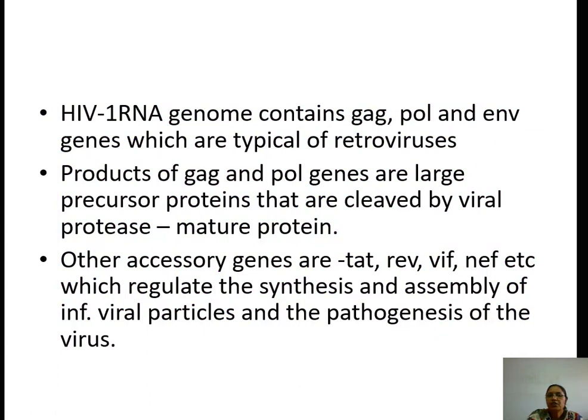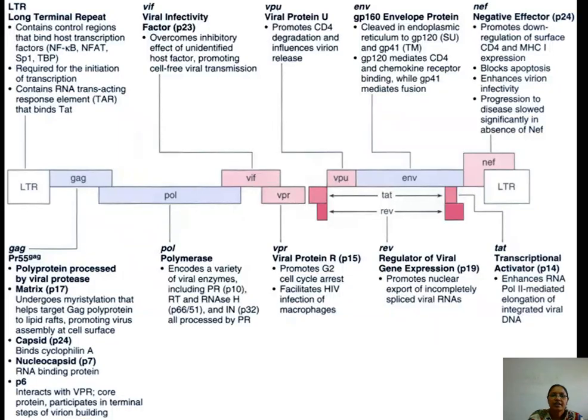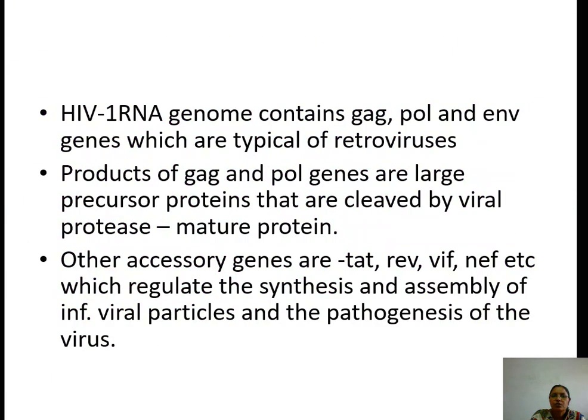The HIV-1 RNA genome contains GAG, POL and ENV genes, which are typical of retroviruses. This diagram is showing GAG, POL and ENV genes and certain functions. In addition to these, there are other genes also: VIF, VPR, NEF, VPU, etc. The products of the GAG and POL genes are large precursor proteins that are cleaved by the viral protease to form the mature proteins.